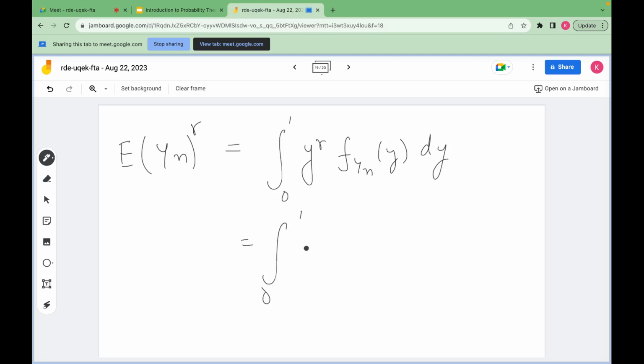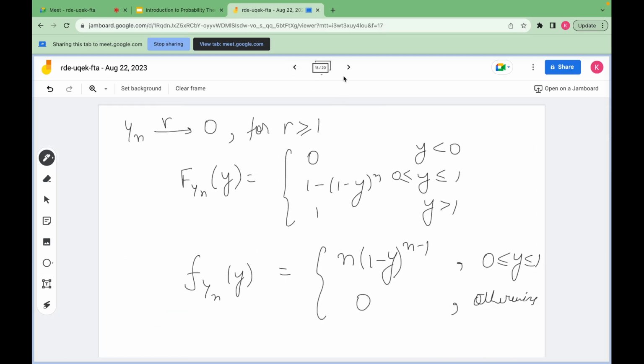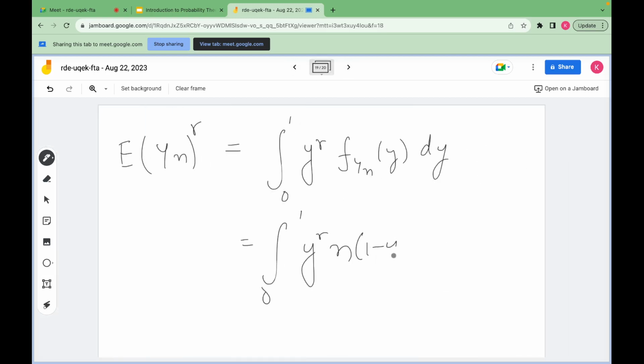So the integral from 0 to 1 of y to the power r times n times (1 minus y) to the power n minus 1 dy. Okay. So this is n times the integral of y to the power r (1 minus y) to the power n minus 1 dy.